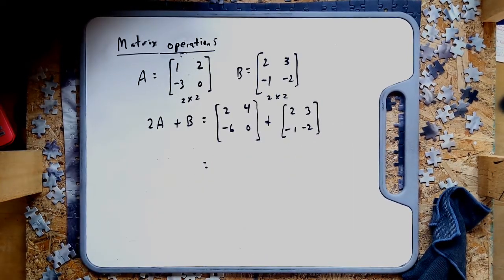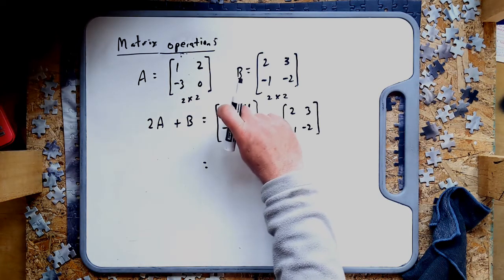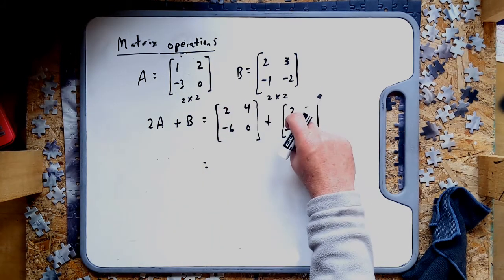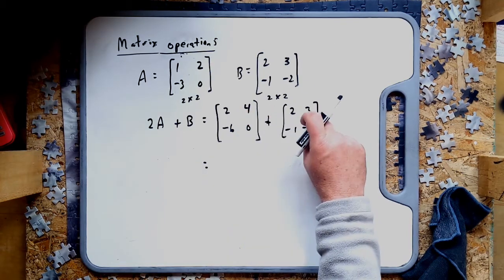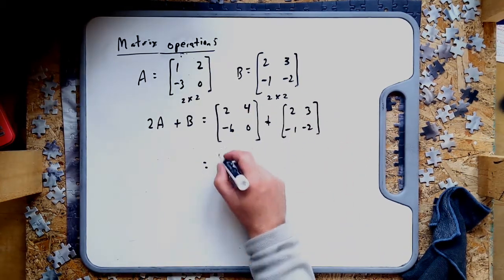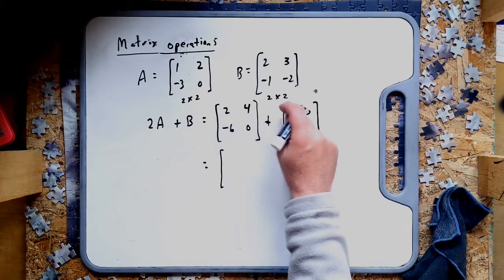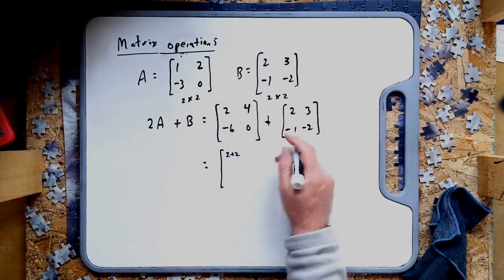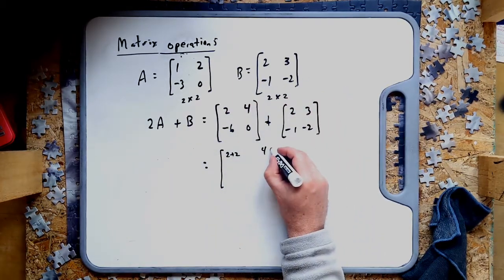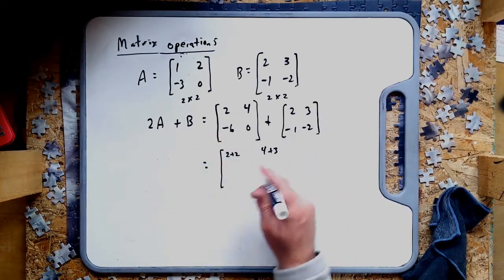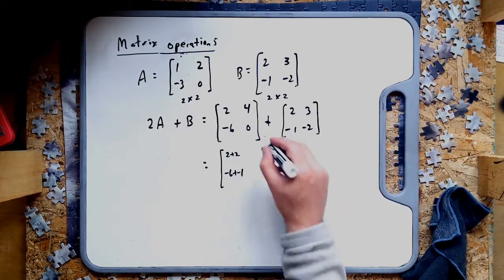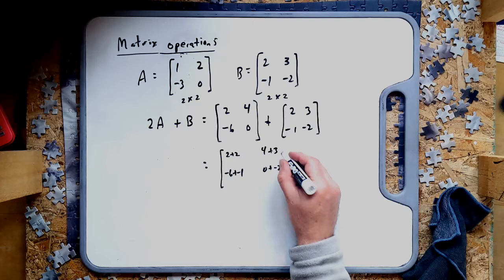Now, how you add matrices is that you add their corresponding elements. In other words, A11 gets added to B11, A12 gets added to B12, etc. So this matrix becomes 2 plus 2, 4 plus 3, negative 6 plus negative 1, and finally 0 plus negative 2.